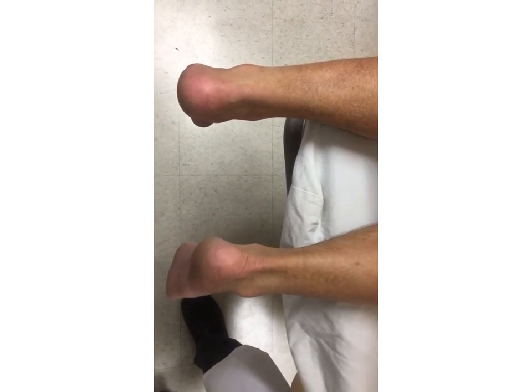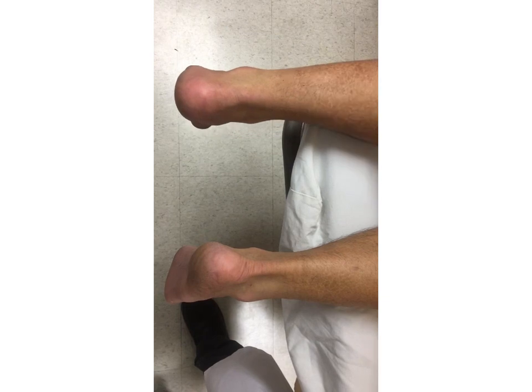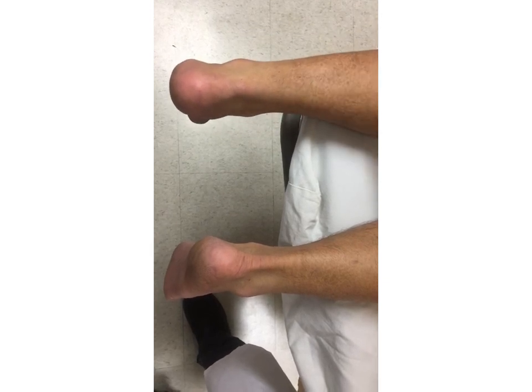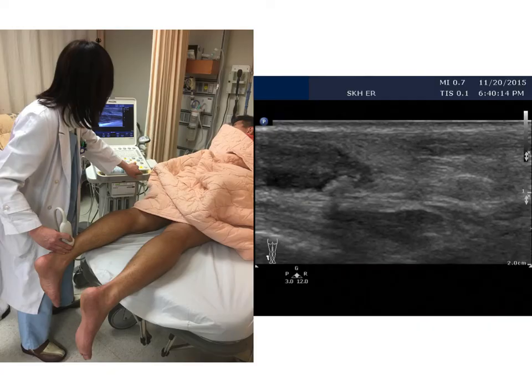Oh, don't forget physical examination. Okay, what is this? Positive Thompson test, right? It means the patient's pain is because of a problem of the Achilles tendon, the superficial one. If you are scanning this region, you have to use a linear probe and definitely scan in the long axis to demonstrate its separation.